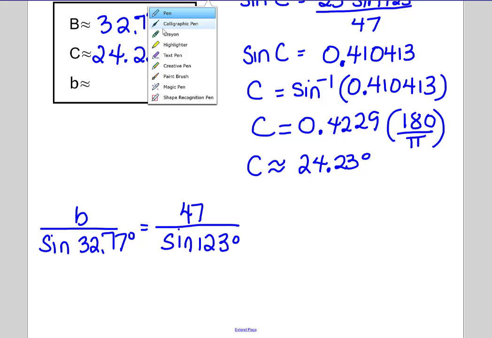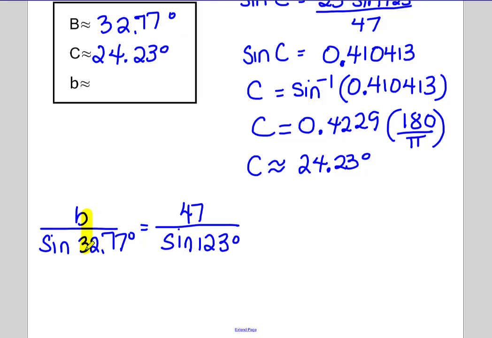So again, for side B, I'm going to multiply sine 32.77 times 47 divided by sine of 123. And working through that, it should be about 30.33. So now we have resolved that triangle.